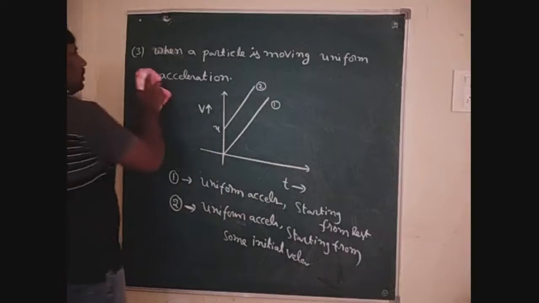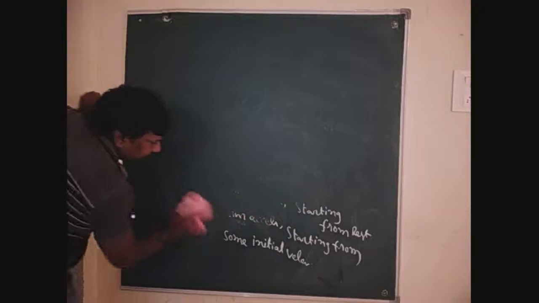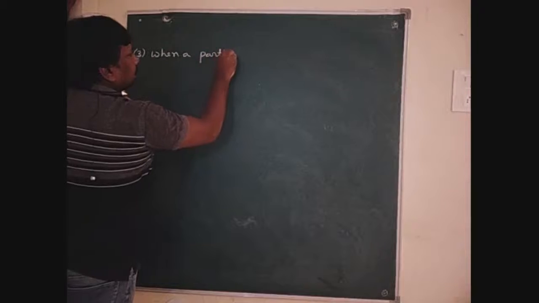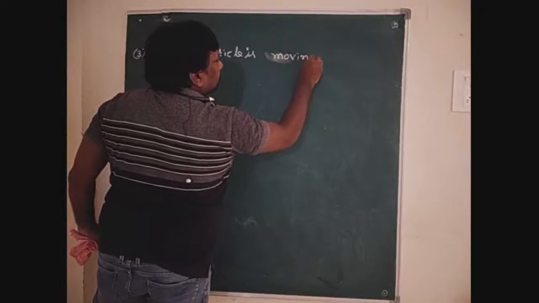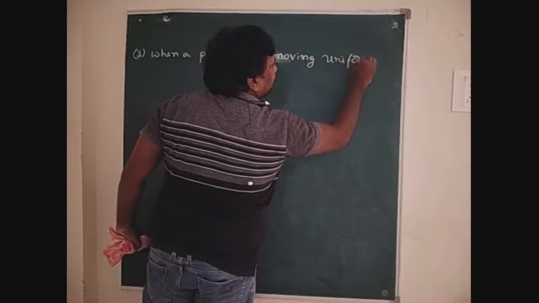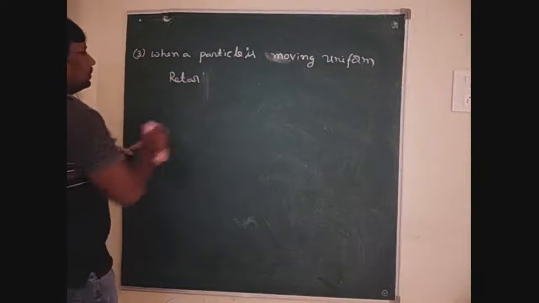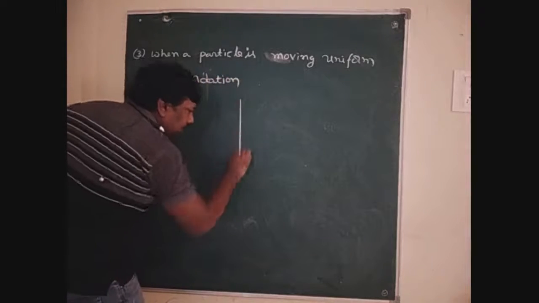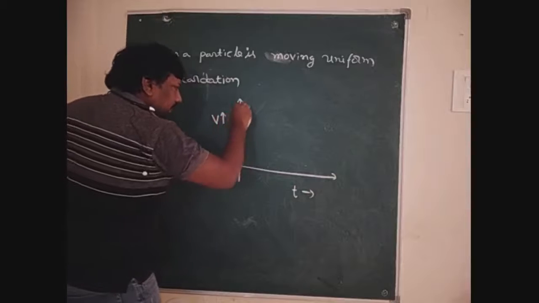Okay. Next one. When a particle is moving with uniform retardation, in this situation the velocity time graph is this way.